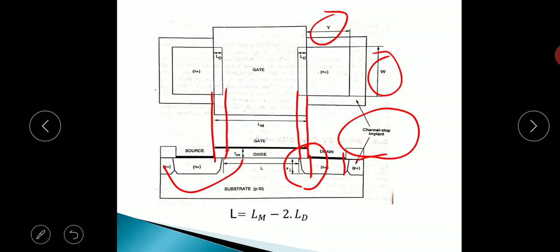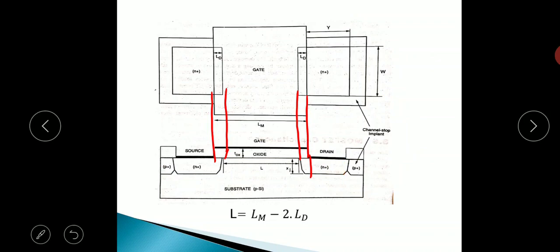If another transistor is fabricated just beside this MOSFET, means on the same substrate, then it provides the electrical isolation. The total length of the gate, means the mask length, is denoted by LM, and the actual length of the channel is L. We generally think channel length is equal to the gate length, but due to presence of the overlap regions, it is not true.